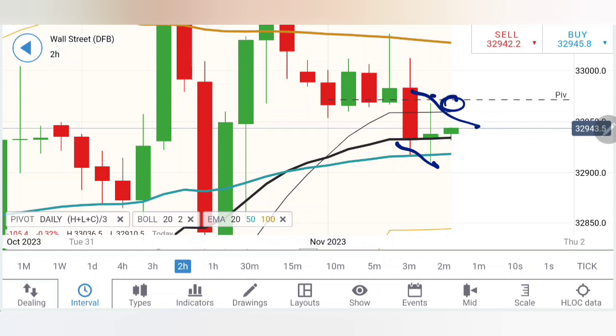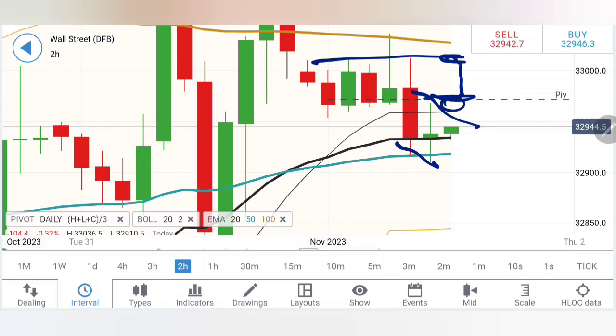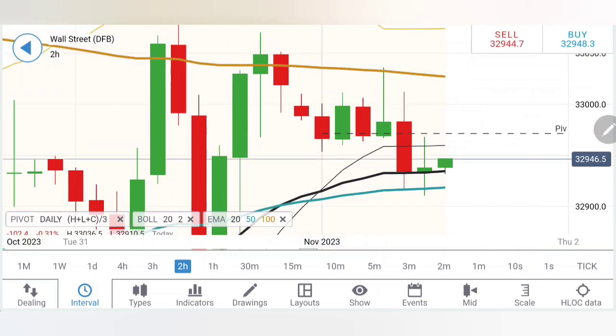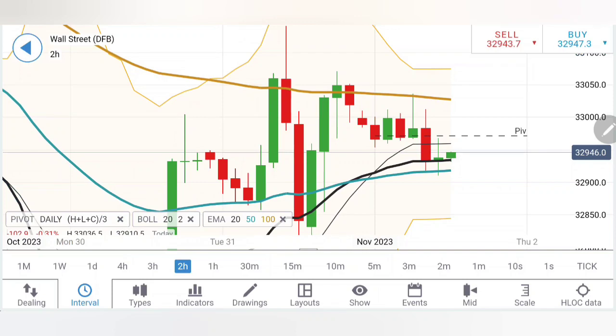I will wait for it to break out beyond 32,980 levels, and then 33,020, 33,050. Three milestones US30 needs to break past. Beyond that, you can say that the prices have turned bullish.